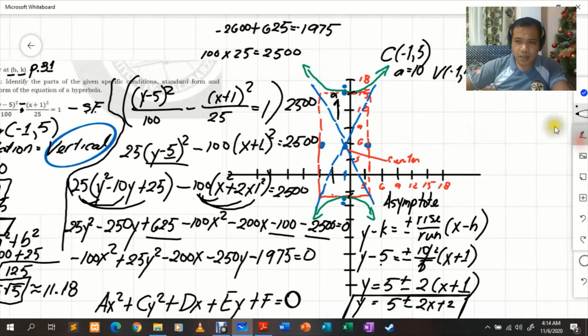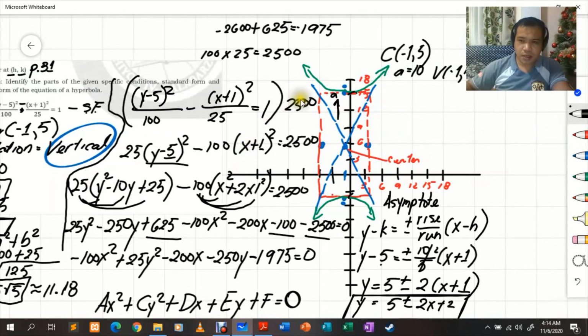B is equals to 5. So, endpoints of conjugate axis, that should be, ito si B, from negative 1, so 5, kaya positive 4, comma 5, and from negative 1, talad ng 5, negative 6, comma 5.